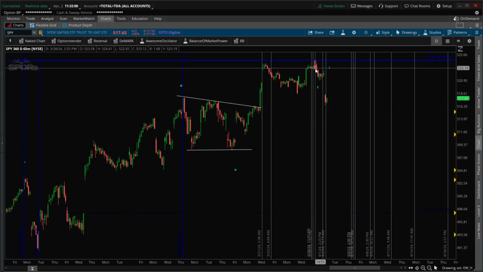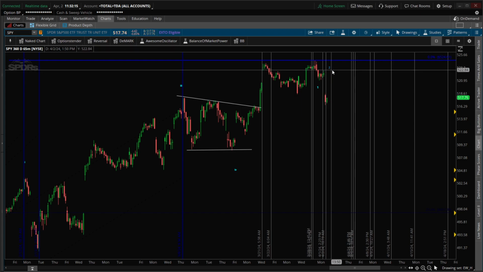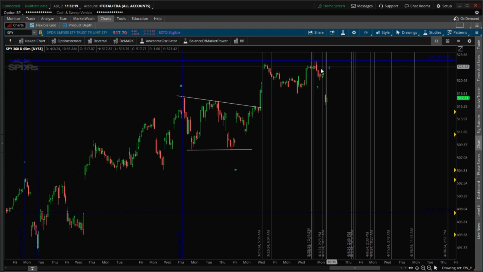It just means that this would be more of a corrective move, being an ABC, and this could be a larger A, B, C as well. But either way, if we get above 522.75, that confirms that it's just a corrective move and we should see new highs.